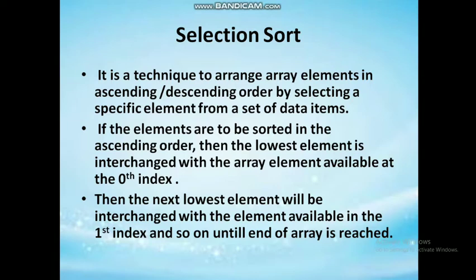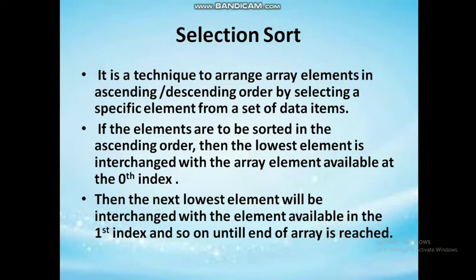So now with the two iterations, two elements are set. Then again, the second index, that is the third element, will be compared, and then swapping happens. So until the end of the array is reached, selecting the element and swapping happens. That's how selection sort works.